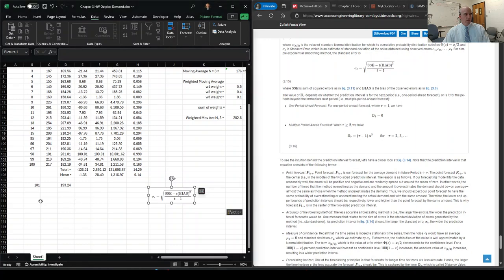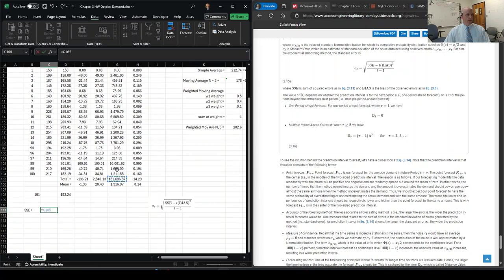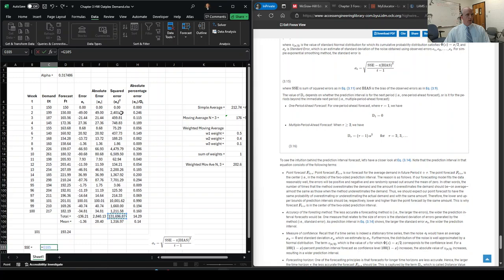So let's outline this. Let's make sure we understand what each of these are and where they are. SSE is the sum of squared errors. Where have we done that? We've actually already done the calculation. And the sum of squared errors is going to be this number right there. This is our squared error.